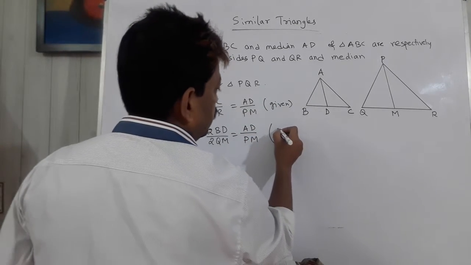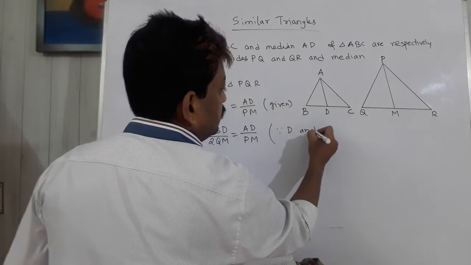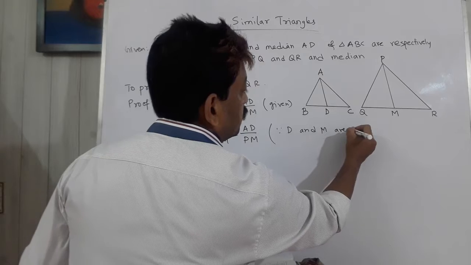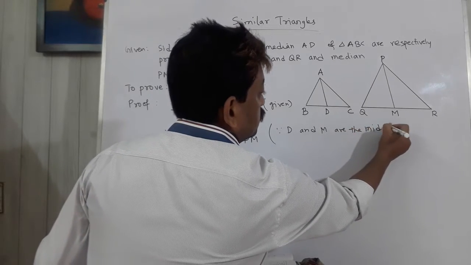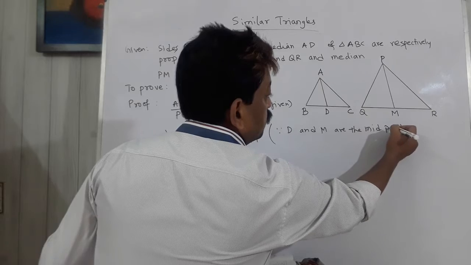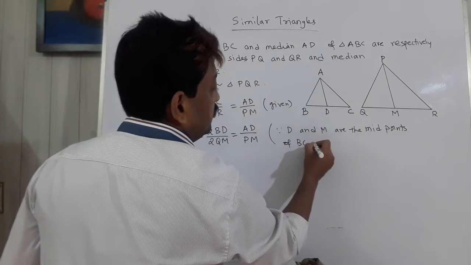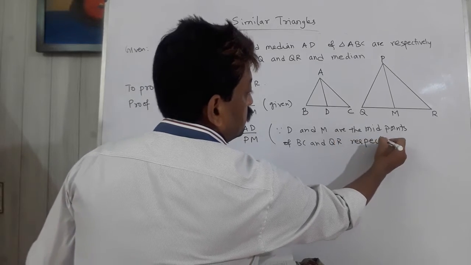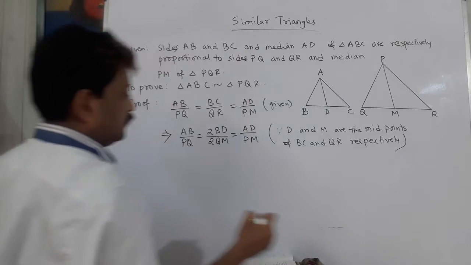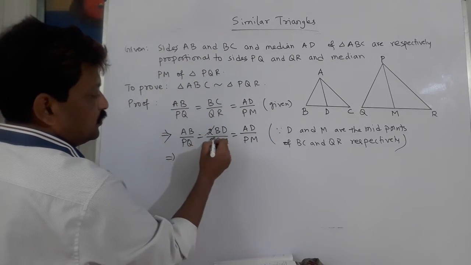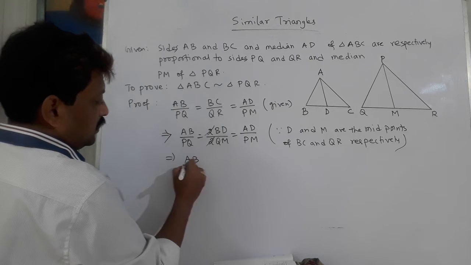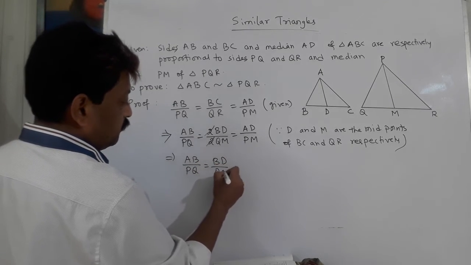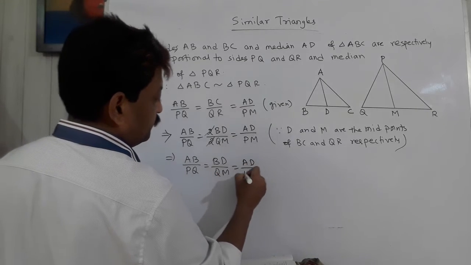So here we have to put the reason: since D and M are the midpoints of BC and QR respectively. So by cancelling these two, we get AB upon PQ is equal to BD upon QM is equal to AD upon PM.